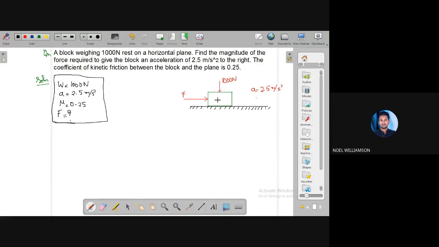The motion is only in the x direction. Wherever there is motion, we apply Newton's second law. Where there is no motion, we will apply sigma Fx equal to 0 or sigma Fy equal to 0.